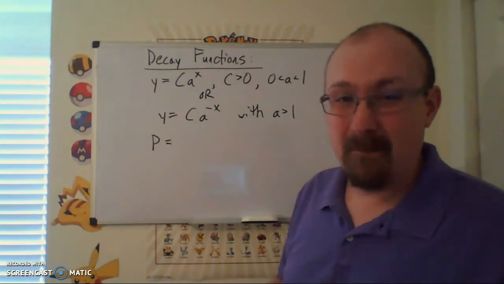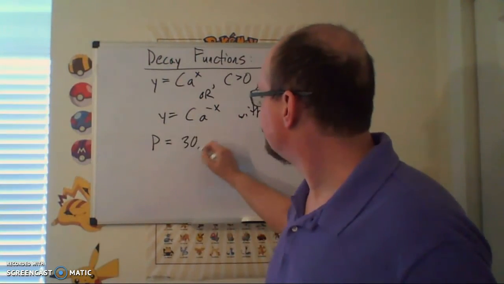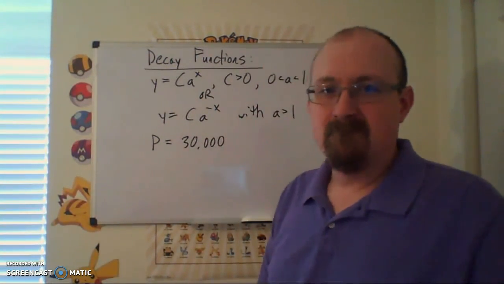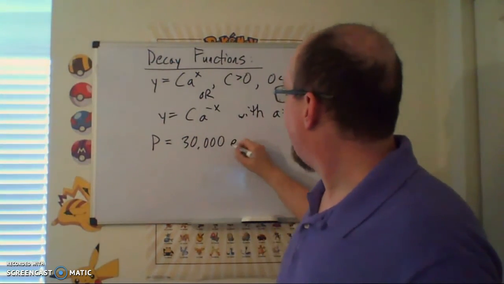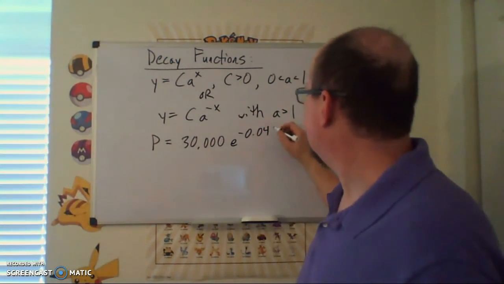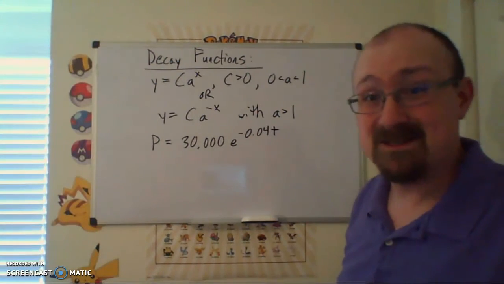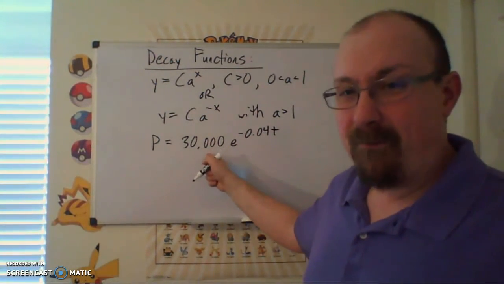It still ends up using that number E, but the idea is if you had $30,000 and it starts losing value against inflation over time, you're going to be looking at something. Say the variable there is t instead of x. My apologies, I'll do my best to make my t's not look like plus signs. So the idea is, we started with $30,000.